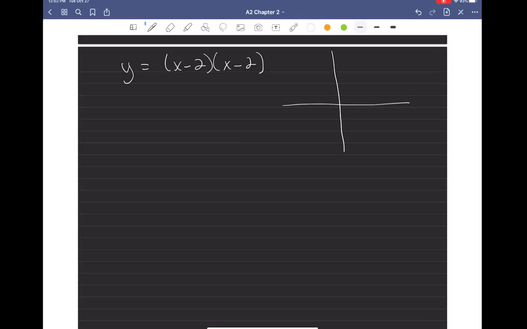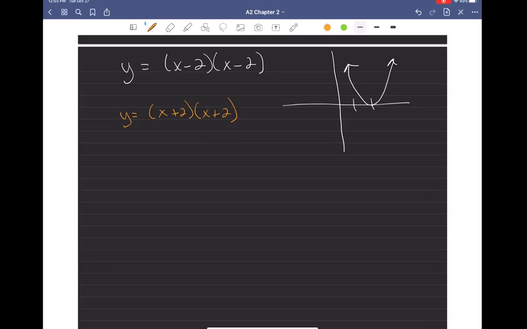We're going to draw some cheesy little graphs. So that was the parent graph, or that original graph. And I'm going to change some colors. The first thing we did is we changed the sign, didn't we? We said y equals x plus 2, x plus 2.